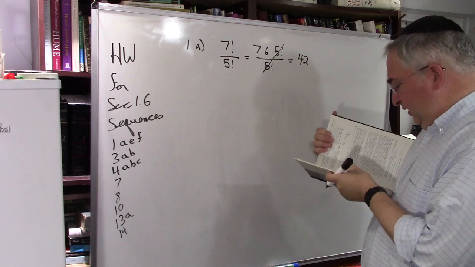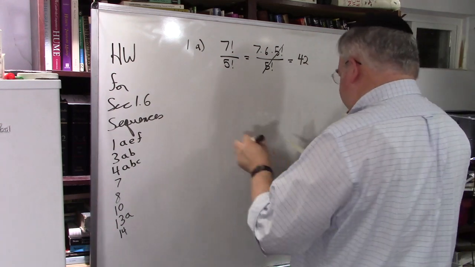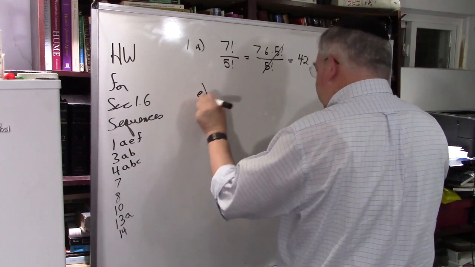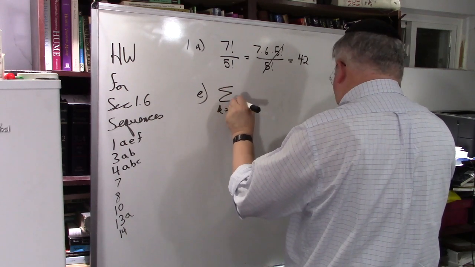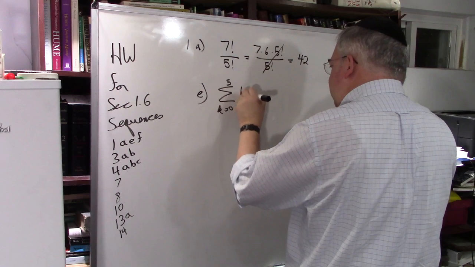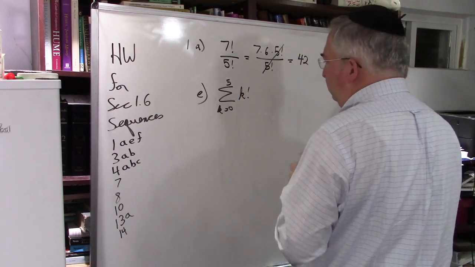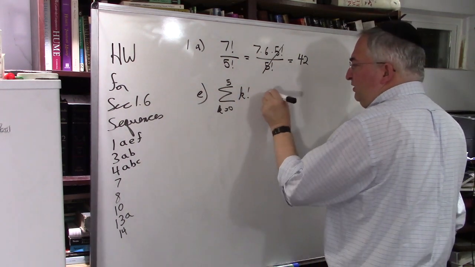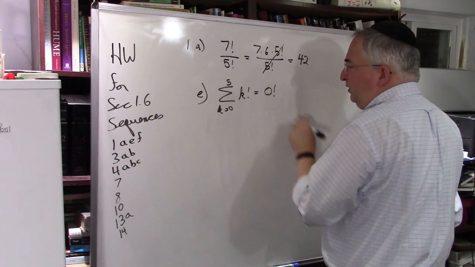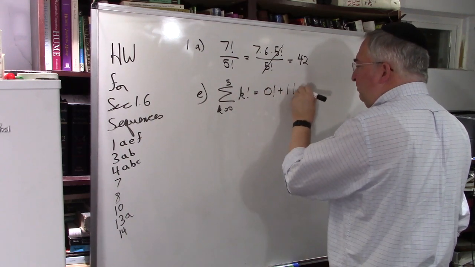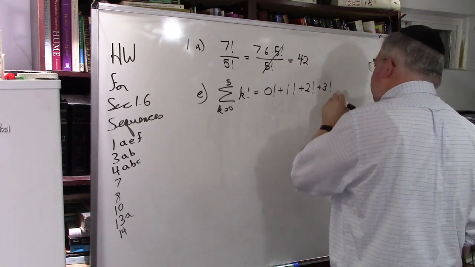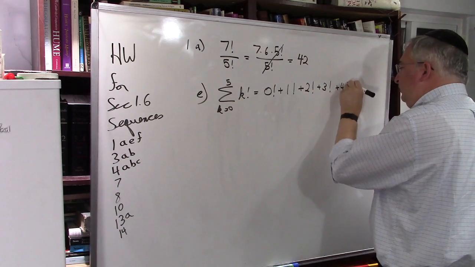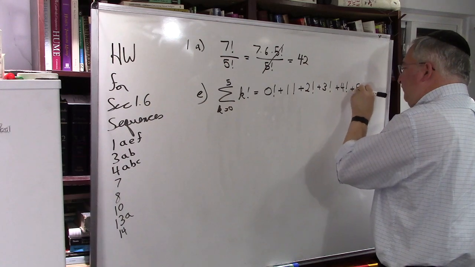Okay, next. E, the sum of k equals 0 to 5 of k factorial. So this is equal to 0 factorial plus 1 factorial plus 2 factorial plus 3 factorial plus 4 factorial plus 5 factorial.